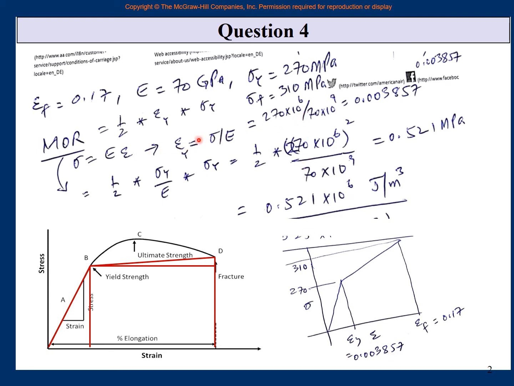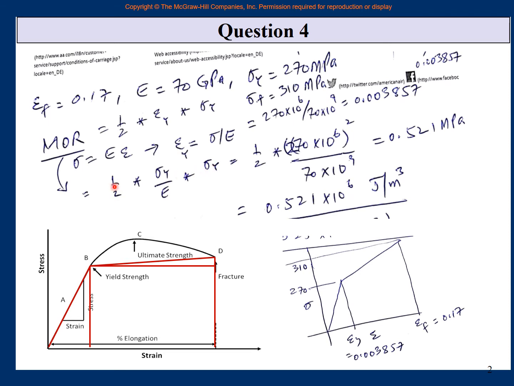So this is the simple equation: in the elastic region, sigma is equal to E epsilon. Therefore epsilon is equal to sigma upon E, and for this elastic region, sigma is the yield point, which is given, and E is also given. So you find it. Now you just multiply half epsilon y sigma y and find the value. Also, if epsilon is sigma upon E, then in this equation you write half into sigma y upon E into sigma y.